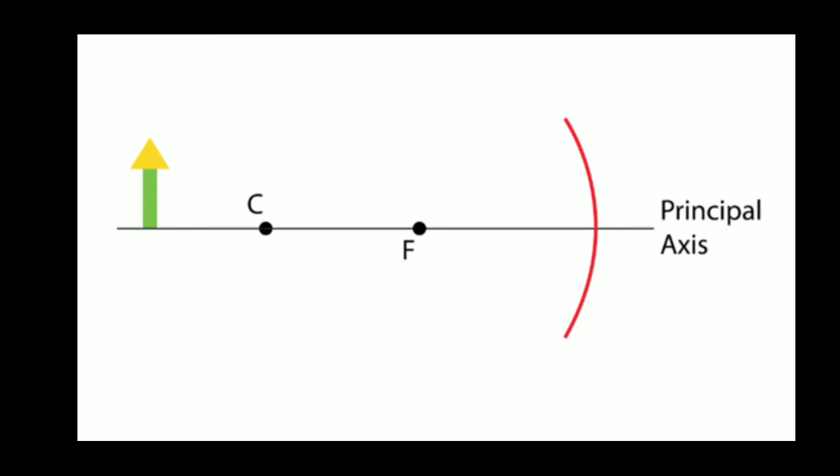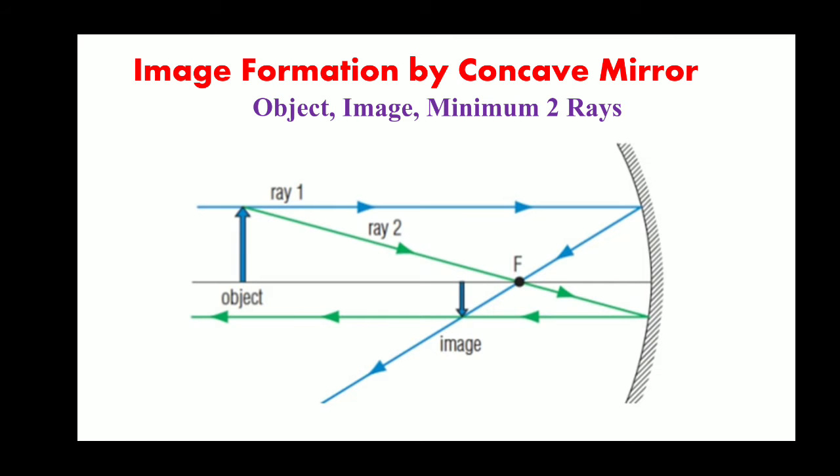From this object, rays may fall on the mirror in any manner. It may fall parallel to the principal axis, pass through the focus, or pass through the center of curvature. Follow the rules, and we are going to see the image formation.